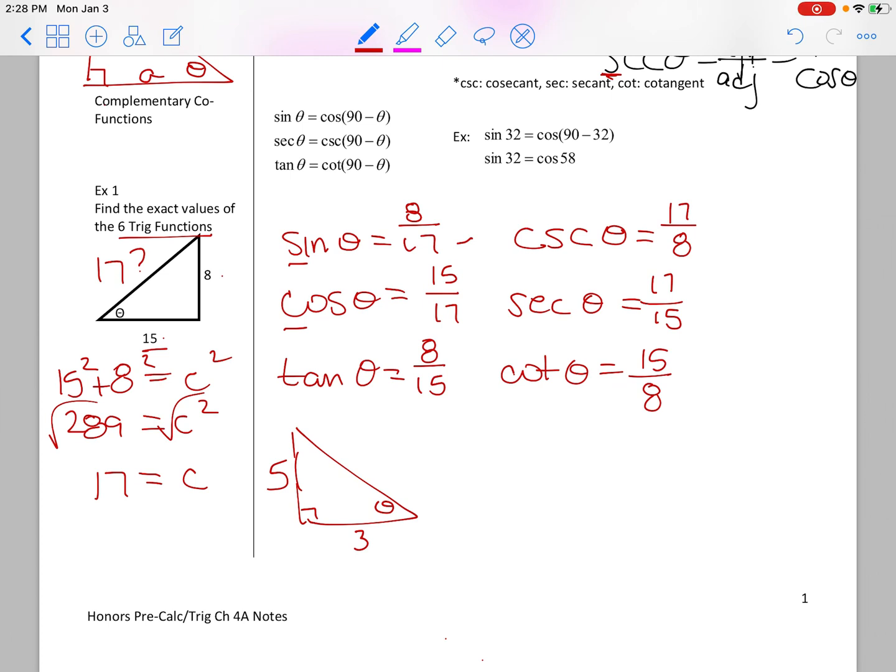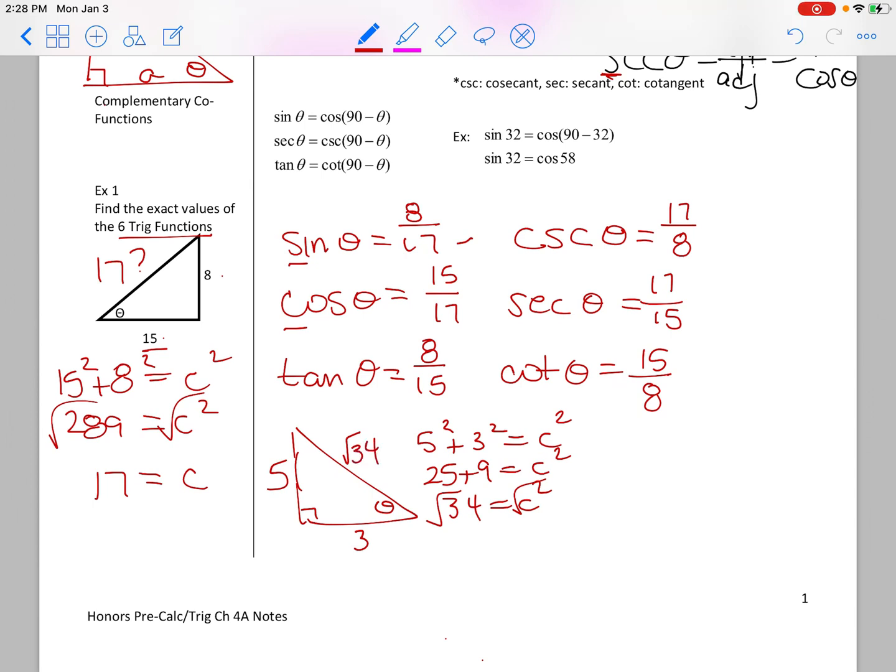Okay? And so again, we're going to find the hypotenuse. So 5 squared plus 3 squared is going to give me c squared. So that's 25 plus 9 equals c squared. And that's 34. So the square root of 34 is not a perfect square, so I'm going to just leave it square root of 34.